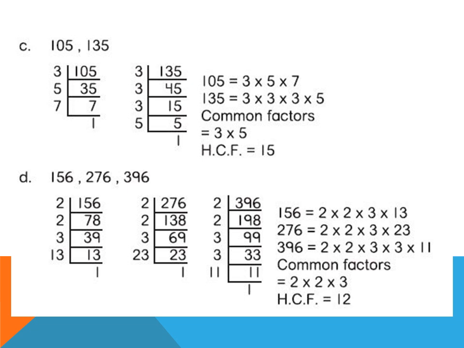So the common factors in all these numbers are 2, another 2 and a 3. So 2 into 2 into 3 gives you 12. Therefore, the HCF of 156, 276 and 396 will be 12.